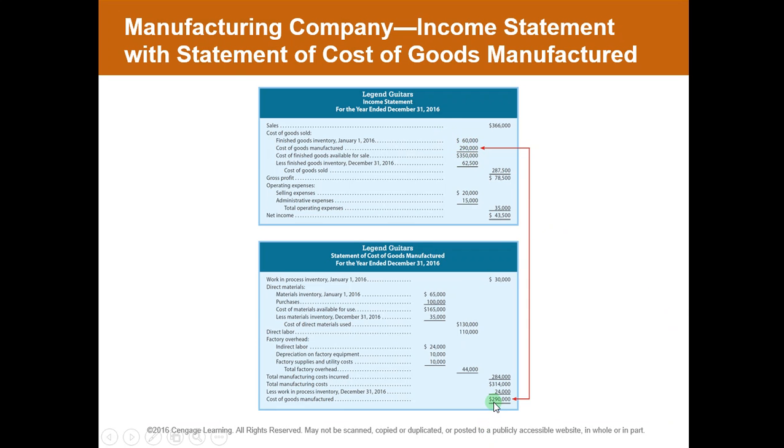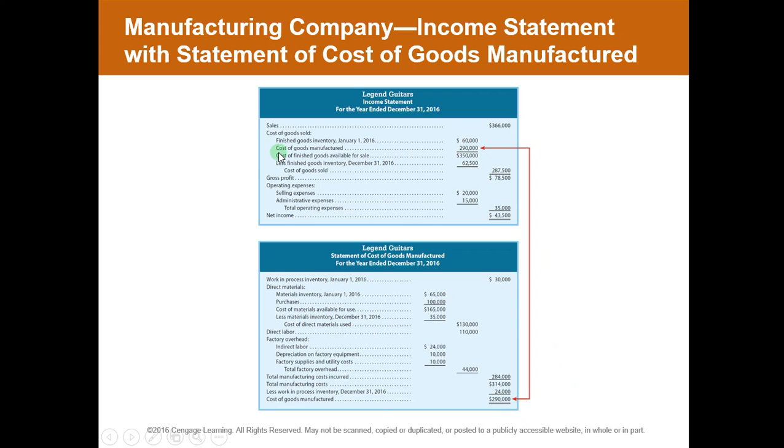All right, so there's that. There's our statement of goods manufactured that analyzes raw materials here to get your direct materials cost. This whole thing analyzes your work in process to come up with your total cost of goods manufactured. Everything that was manufactured and completed became a part of your finished goods.